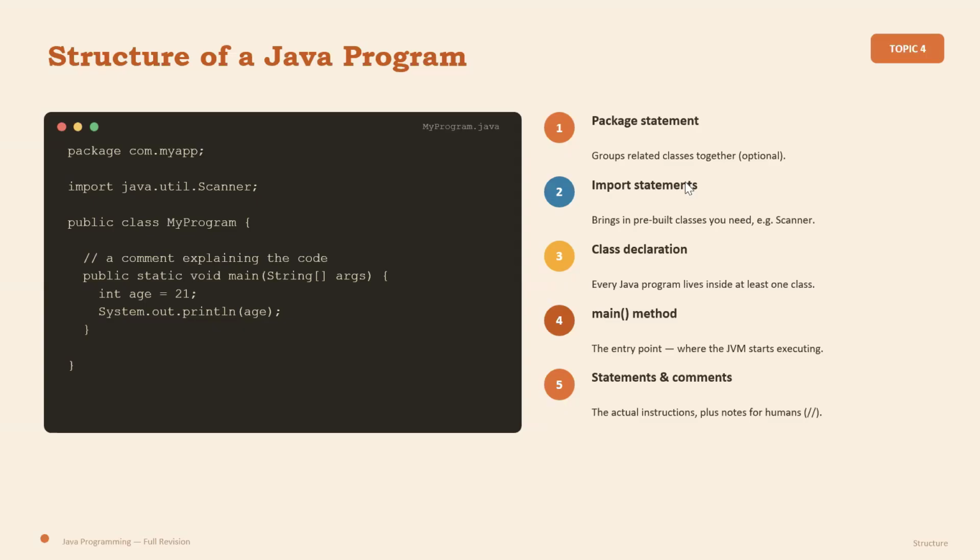For example, student related classes can be placed in one package, and library related classes can be placed in another package. The package statement is optional, especially in simple beginner programs. A package helps keep a program organized.